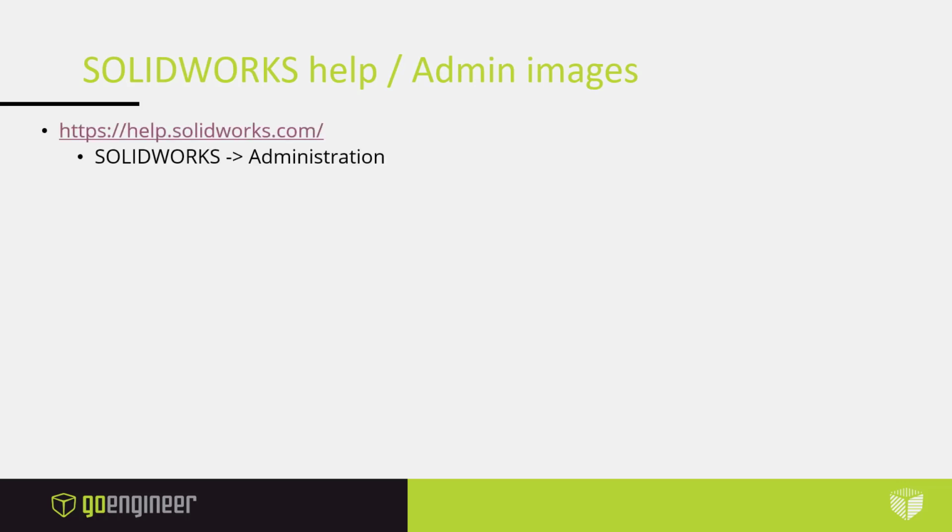All right, last little bit here to go. We're winding down on time. I would say a great resource for any questions on installation is the SOLIDWORKS help page, which is extremely useful. If I go ahead and click help.solidworks.com, you can see I already had it up here.